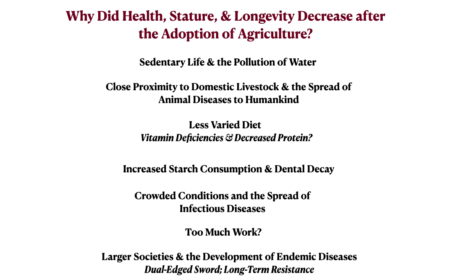When the transition to agriculture occurs, there's much more reliance on grain, less diversity, and especially as population goes up, decreased consumption of animal proteins. That changes with the development of dairying and so on. I'll talk about that later on, but it took a while for that to happen.